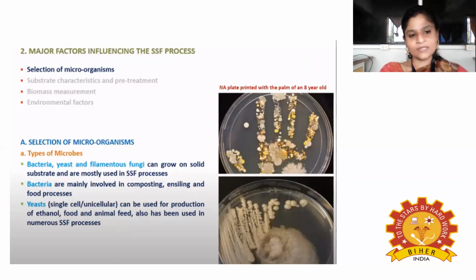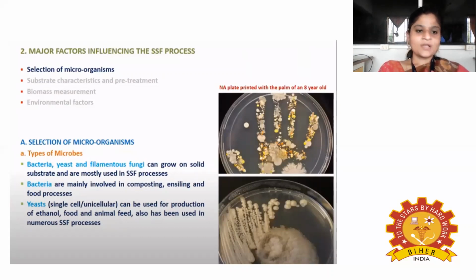So this bacteria, which we said we are going to use for the solid state fermentation process, what kind of bacteria? Again, this question will come. Bacteria which are involved in food processing and composting can be used in solid state fermentation. Why especially bacteria that are involved in these processes? Because, as I said, mostly we will be using biostream waste for solid state fermentation.